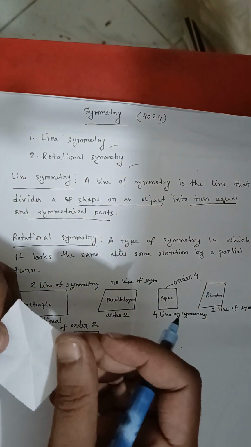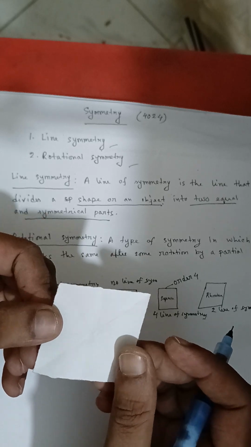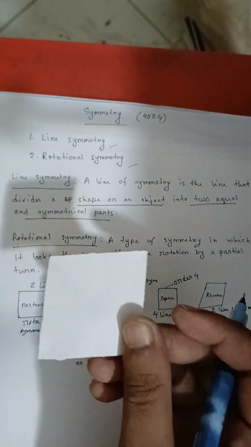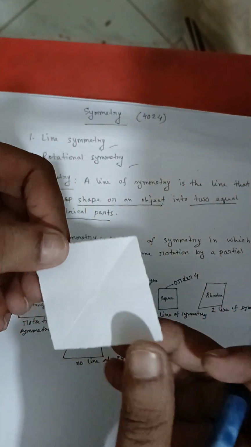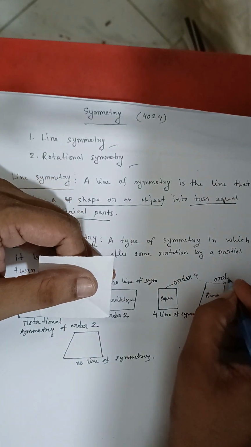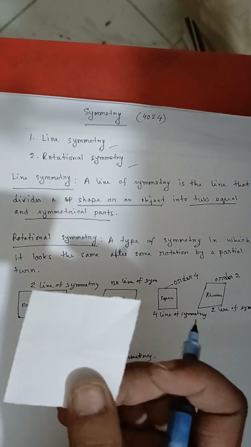And for a rhombus, I will get the same shape 2 times. This one, observe the figure, this one, and that one, the same, 2. Someone may think that it has rotational symmetry of order 4, but no, it's wrong. Observe here, this corner has an acute angle, right?